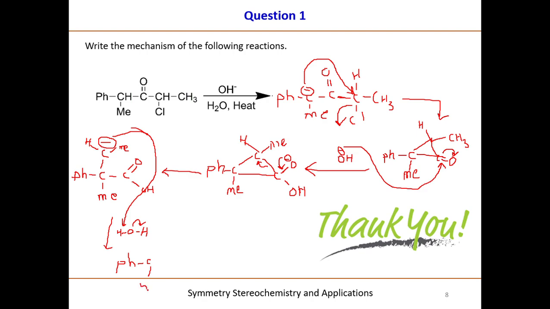Here we have methyl group, correct? Here we have acidic group.